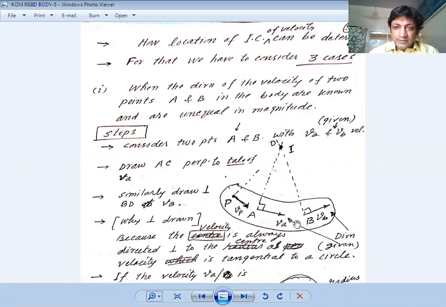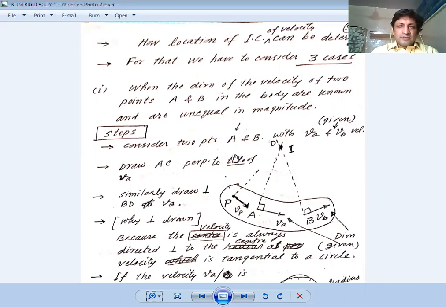We may calculate the velocity of every point in this body by locating its instantaneous center. So the first condition is when the directions of the velocities of the two points A and B in the body are known, meaning their direction and magnitude are known, and are unequal in magnitude. One may be less and the other greater.